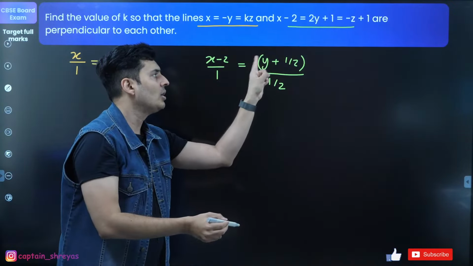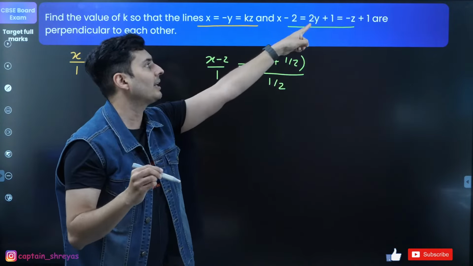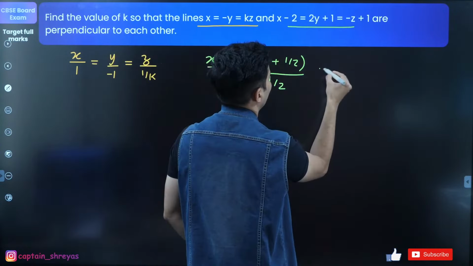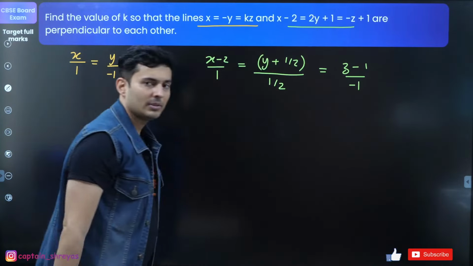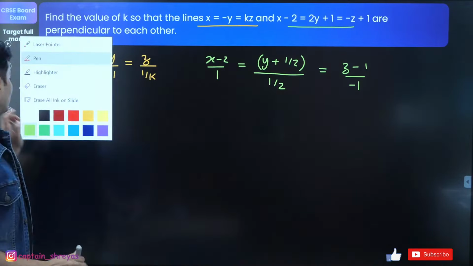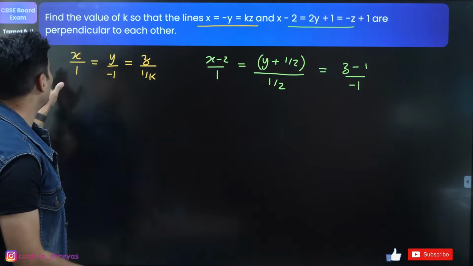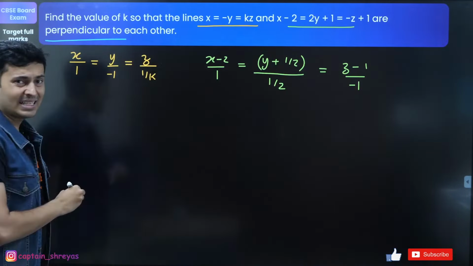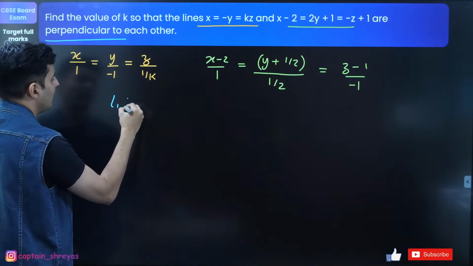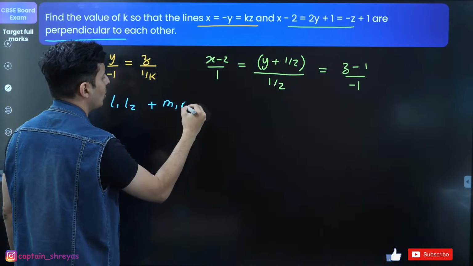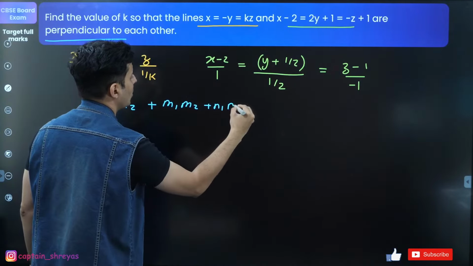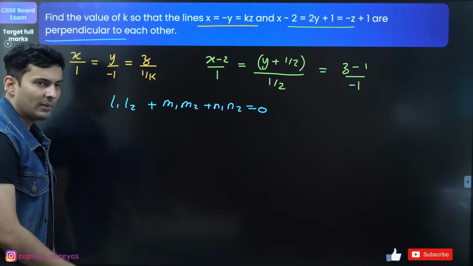It will become 2y, 2 into half will become 1. Exactly this equation, you have to just modify it, play around with it. Here you write this as z minus 1 upon minus 1. Makes sense? Now what happens, guys, when two 3D lines are perpendicular to each other? With direction ratios l1, m1, n1 and l2, m2, n2, l1 l2 plus m1 m2 plus n1 n2 will become 0. Whatever you want to call it.